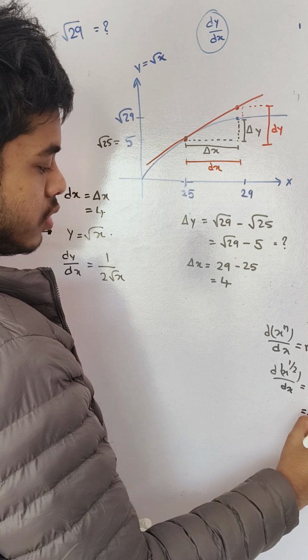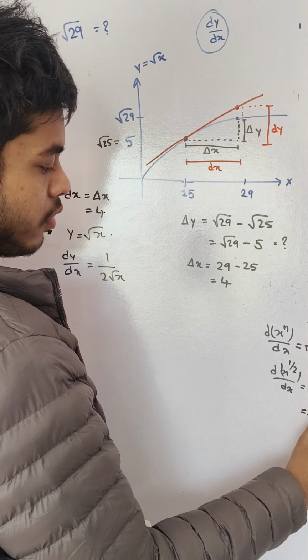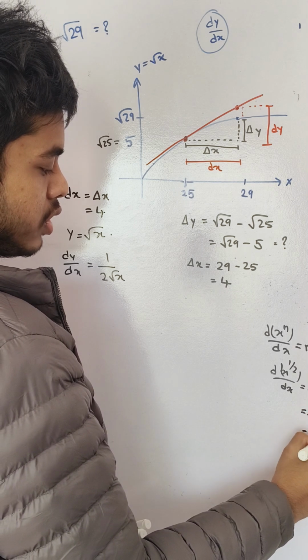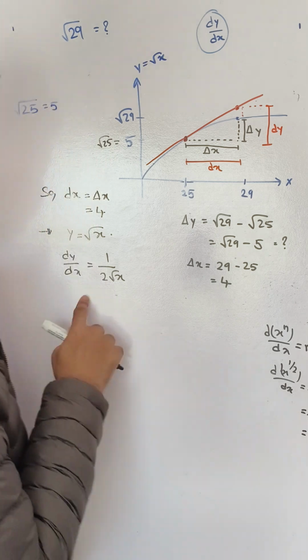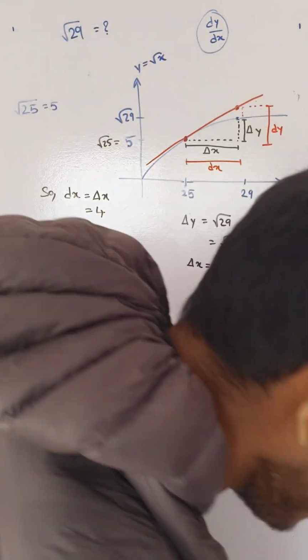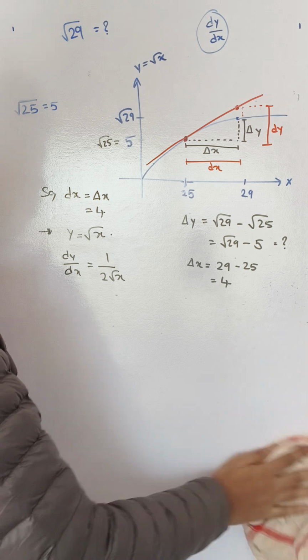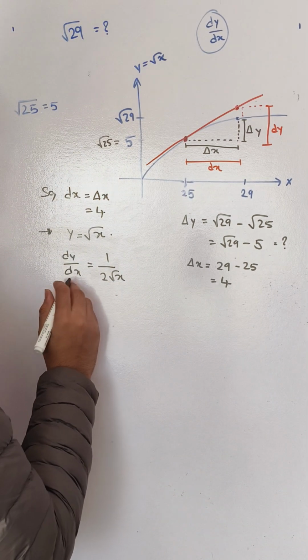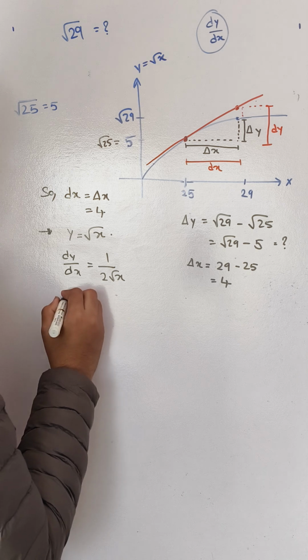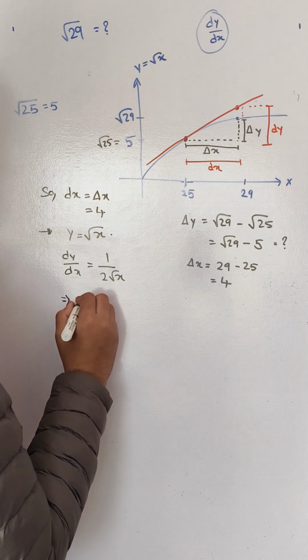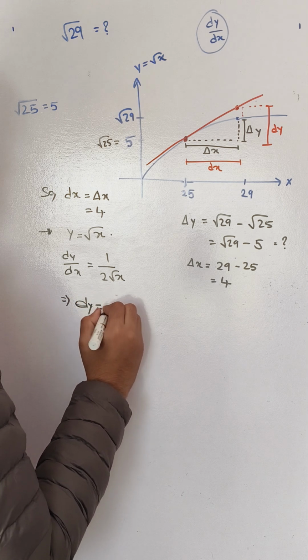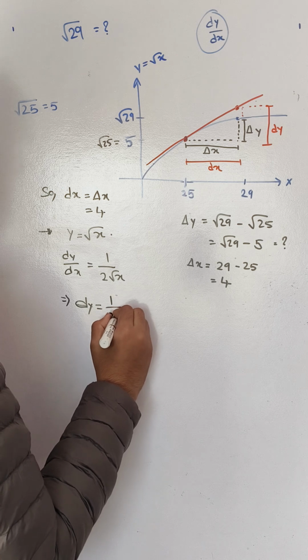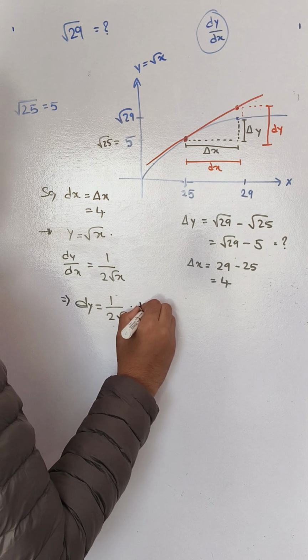That is 1 by 2 into x to the power minus half. That is 1 by 2 into 1 by root x. Now, if we multiply dx on both sides, we will get dy equals 1 by 2 root x times dx.